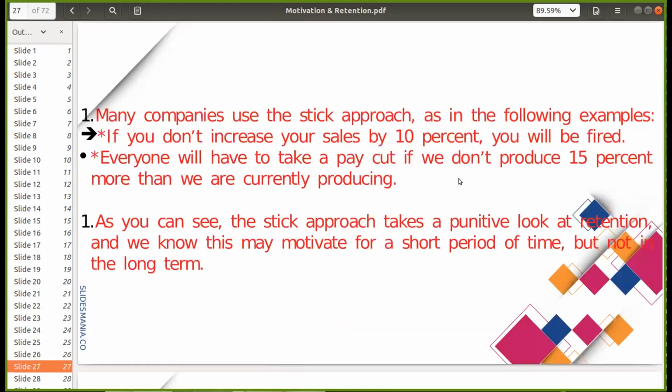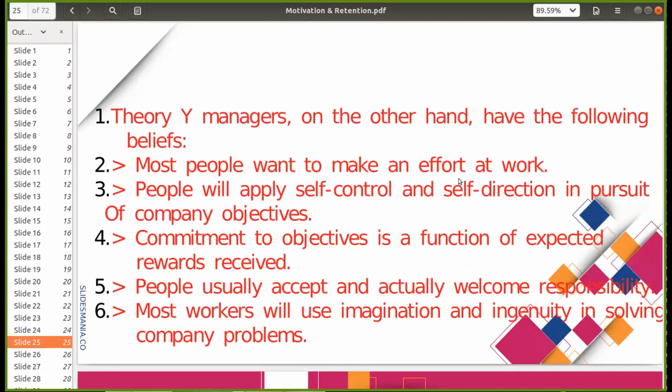And then, kay theory Y naman daw, on the other hand, meron siyang prinsipyo na most people want to make an effort at work. So, people will apply self-control and self-direction in pursuit of company objectives. So, they trust their people, no? So, may empowerment.